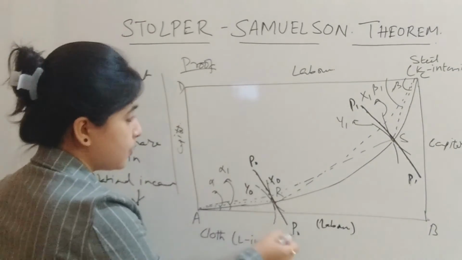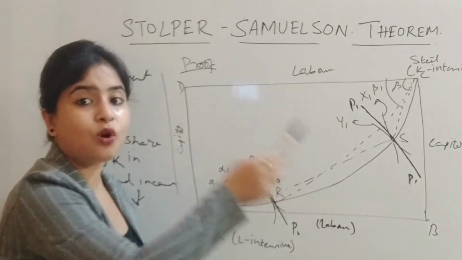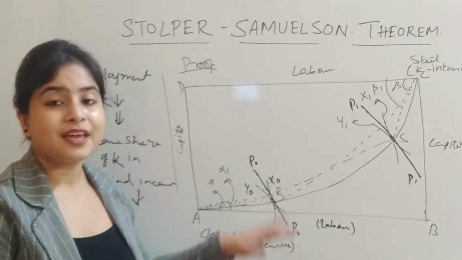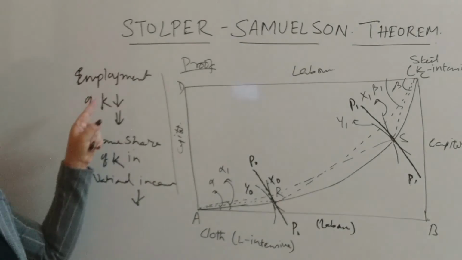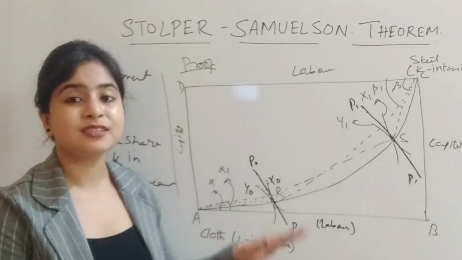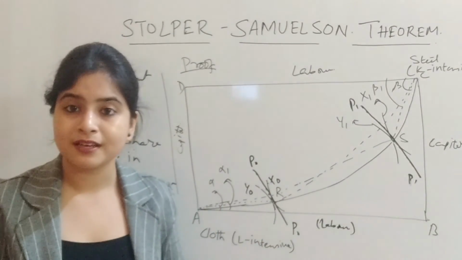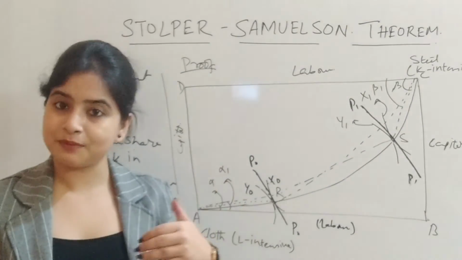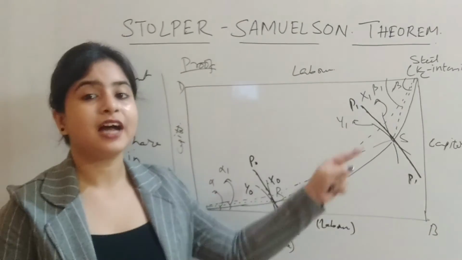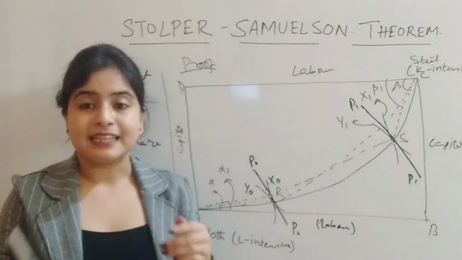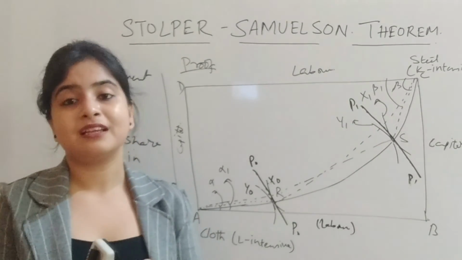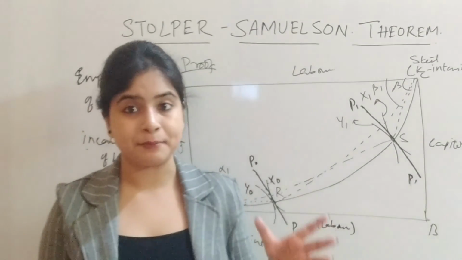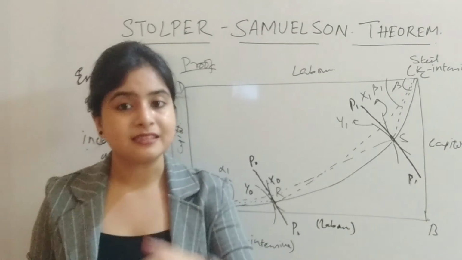With the increase in the price of the labor-intensive commodity, the laborers benefit, because more and more laborers are getting employment, and as a result the absolute income share of laborers in the national income is rising. And the scarce factor, capital, sees its employment reducing, and ultimately the absolute income share of capital in the national income is reducing.